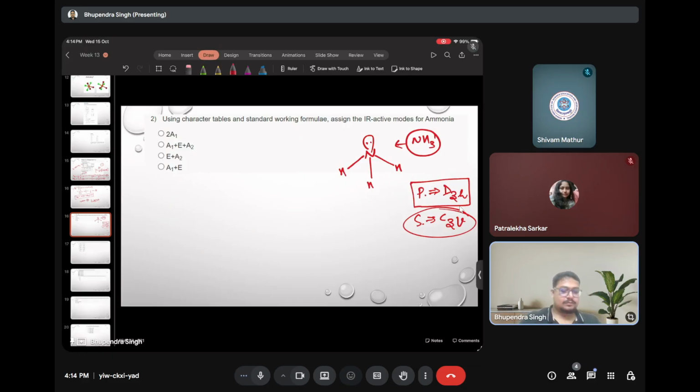This ammonia is like this. Two here and one, let's say, here. Three bonds. And here are the lone pairs. So from above, the axis of rotation is passing through these lone pairs. Then you can rotate these.